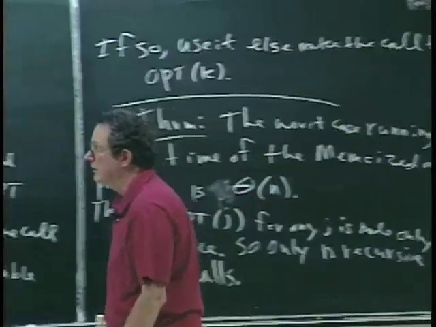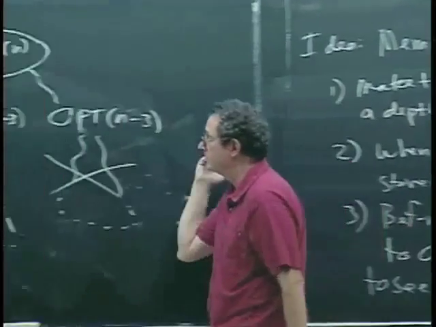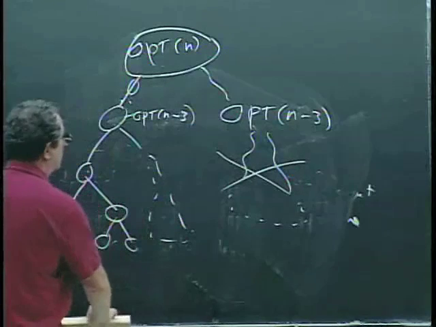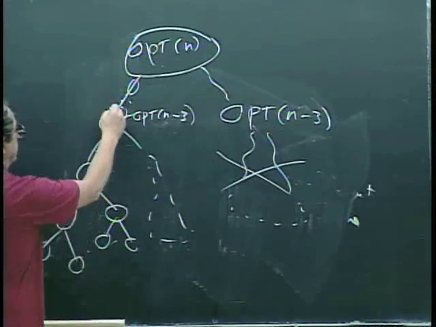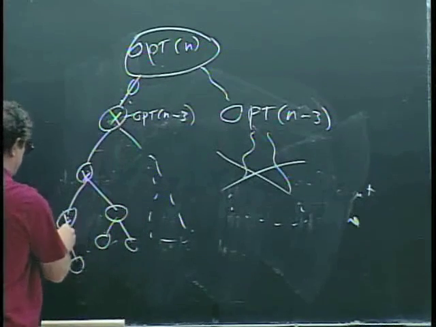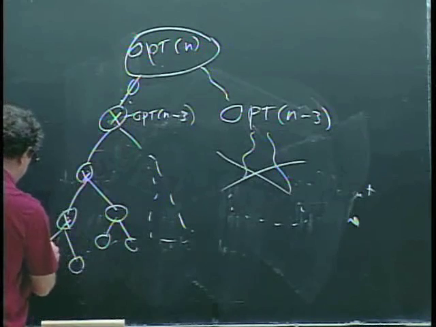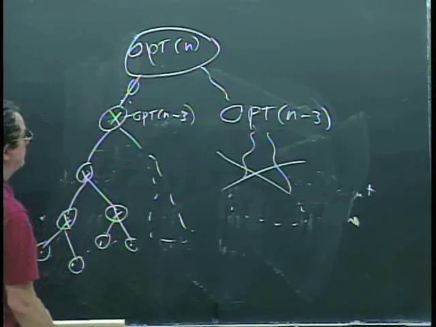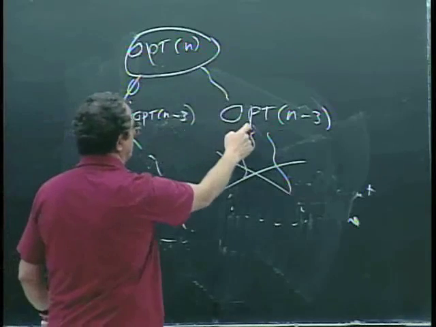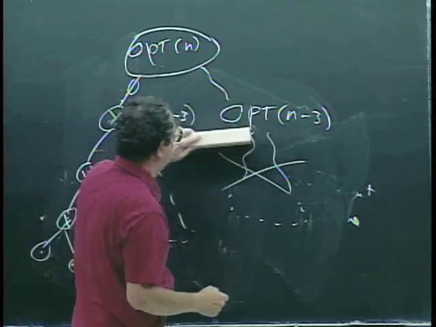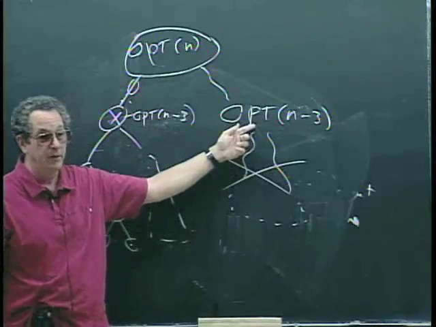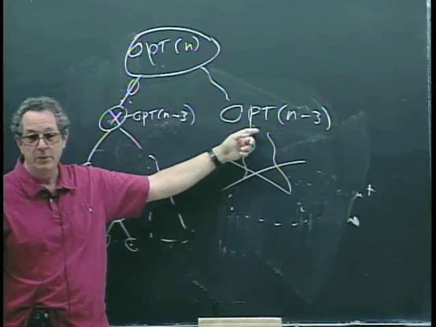Okay, now if you look at the actual tree of executions with the memoized idea, you get not only recursive calls. Let's say this is a recursive call and this is a recursive call. These are recursive calls. Here we're not doing recursion because we're down to the base case. And here we have this where we would call, let's say, opt n minus 3, except we look up and we find that we already know it. So that's not a recursive call, but yet it's part of the algorithm.